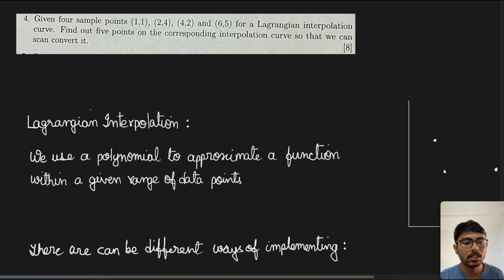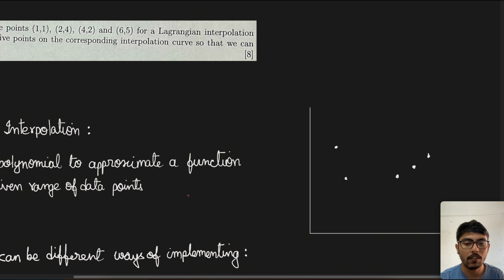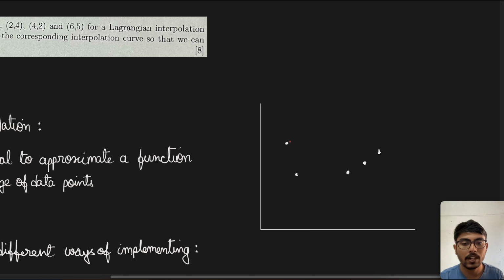Lagrangian interpolation is a method that we use to identify points within a given data range so that we can complete the curve. We use a polynomial to approximate a function within a given range of data points. For example, we are given 5 points on this curve, and we are also given that the function has degree 2.